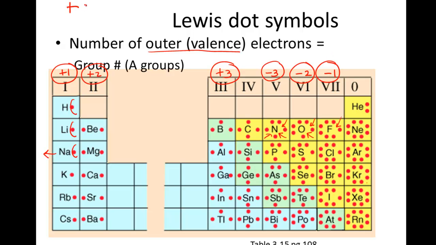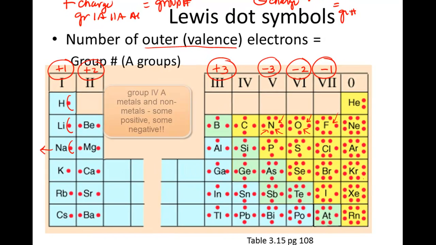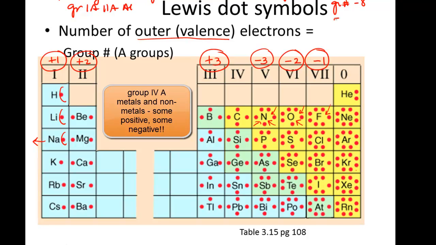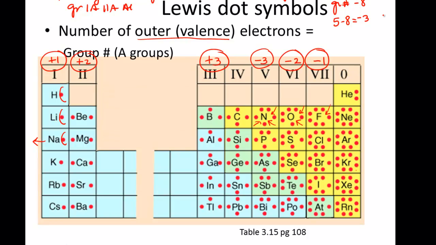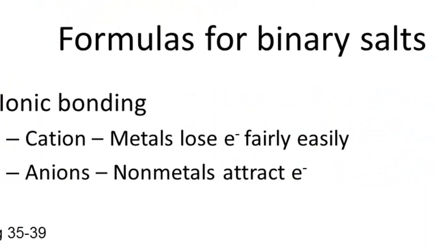So positive charge for group 1A, 2A, and aluminum is equal to the group number, and negative charge for group 5, 6, and 7 is equal to the group number minus 8. So if you're in group 5, 5 minus 8, your charge will be minus 3. So we're going to see how we can use that information in making formulas for compounds, for ionic compounds.